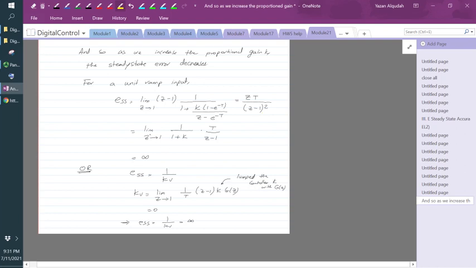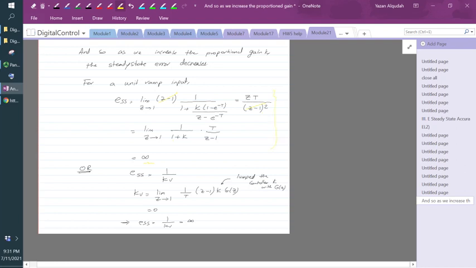And therefore the limit as z goes to 1 is going to equal 1 over 1 plus k multiplied by T over z minus 1. In this case, this z minus 1 and z minus 1 cancel, and therefore the steady state error is going to equal infinity, because this is calculating it directly.